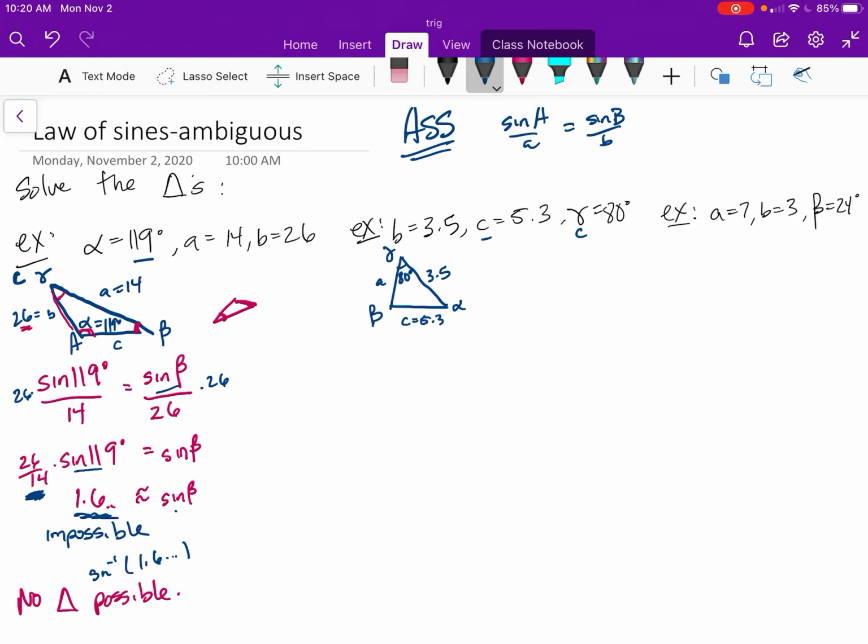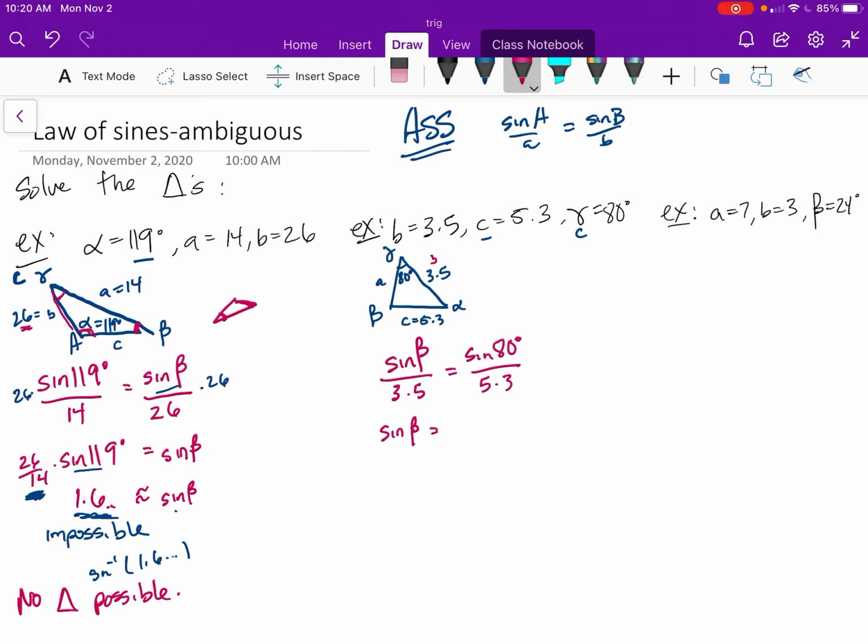So therefore, I know I need to set it up not knowing sine B. So we have sine beta over little b, this is b, 3.5, equals sine gamma 80 over 5.3 little c. Okay, solve for sine beta.